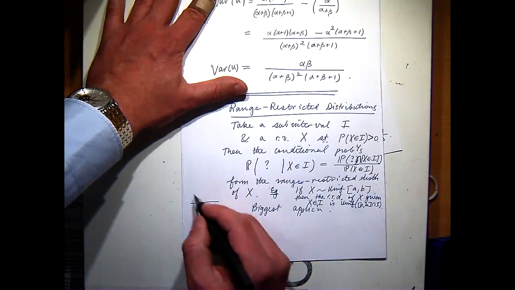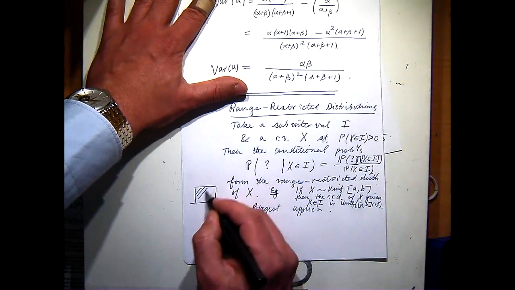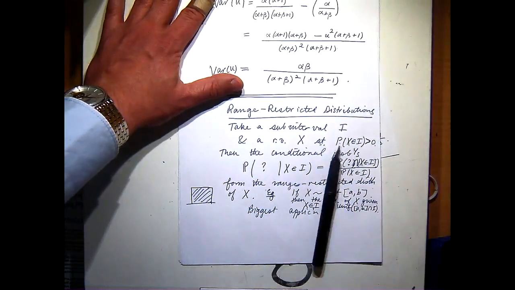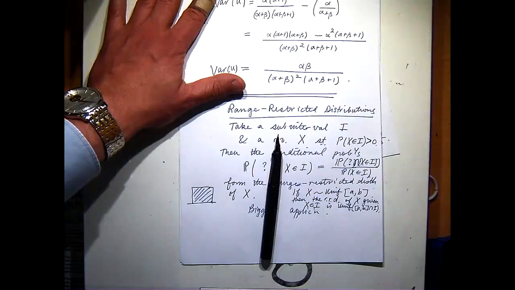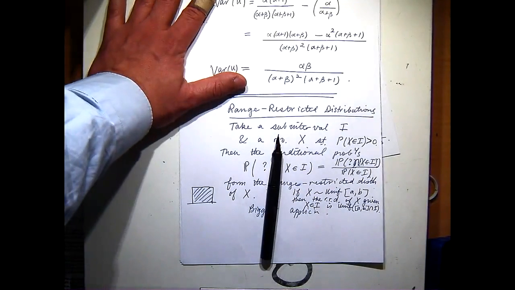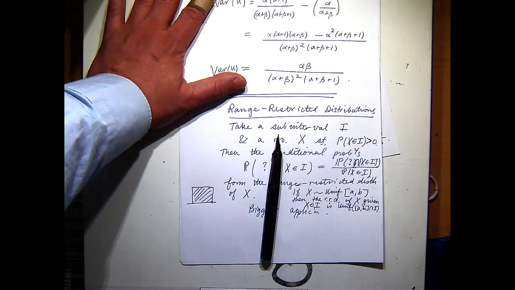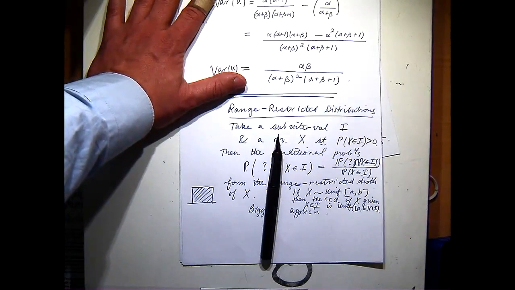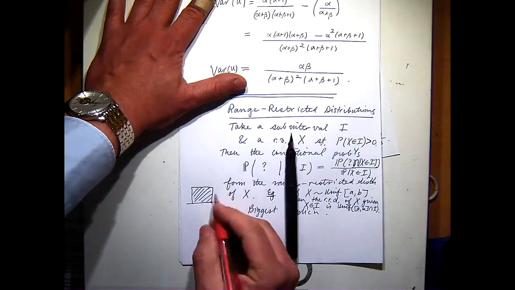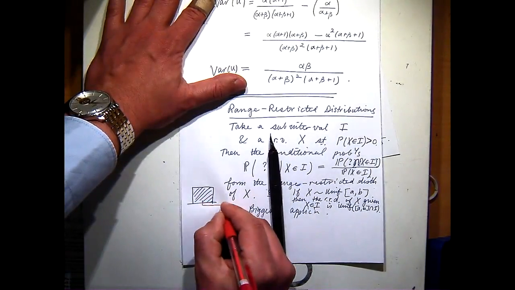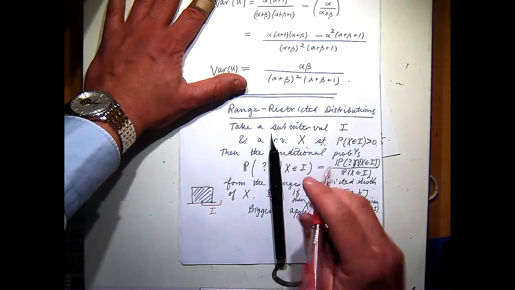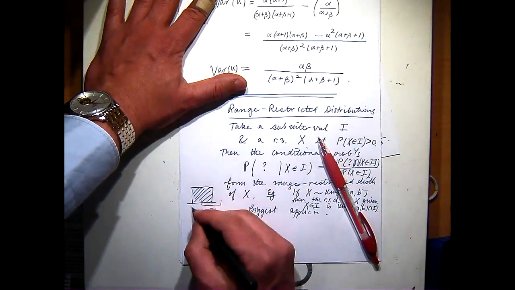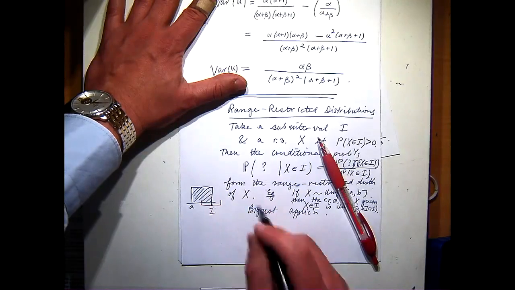So I could have had uniform on this interval, and let's imagine that I is a sub-interval of that. Or I doesn't even have to be a sub-interval, it just gets a restriction. So if that's a to b, and then I have I here, I just want to restrict to being in I. So that was the interval a to b. I have a perfectly normal uniform distribution from a to b.